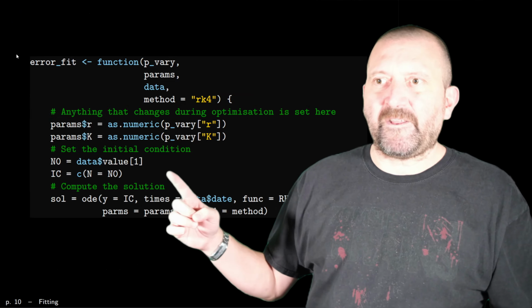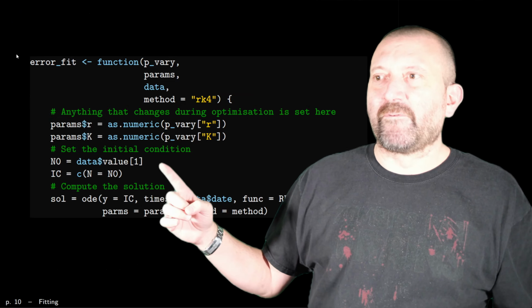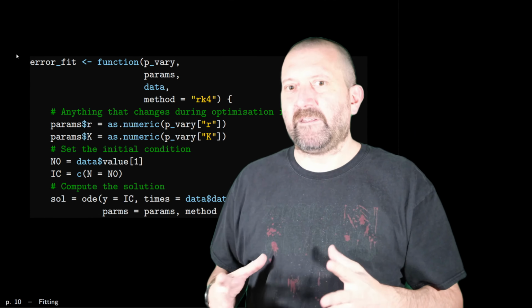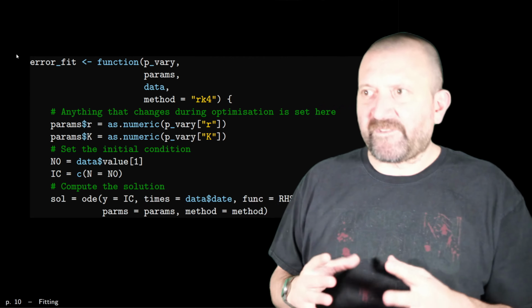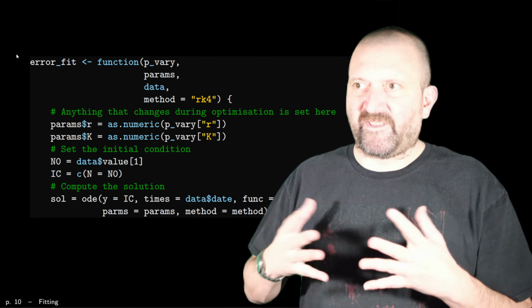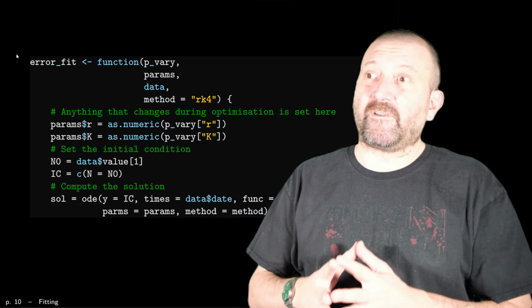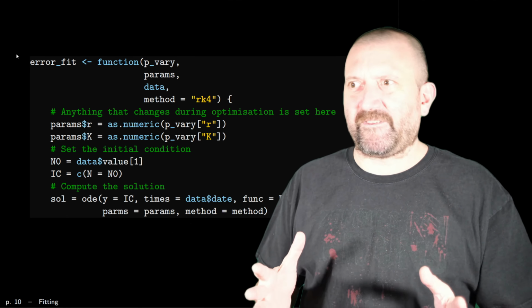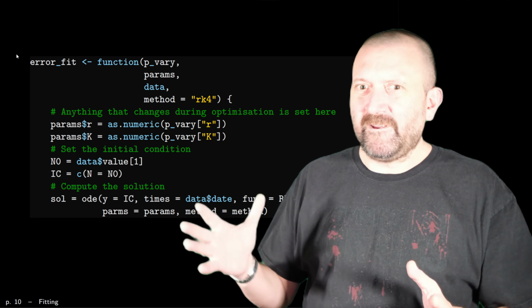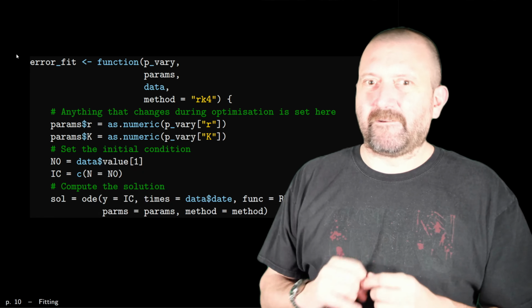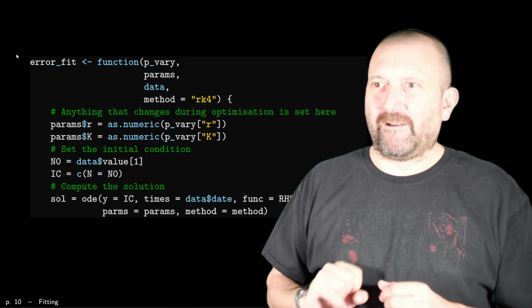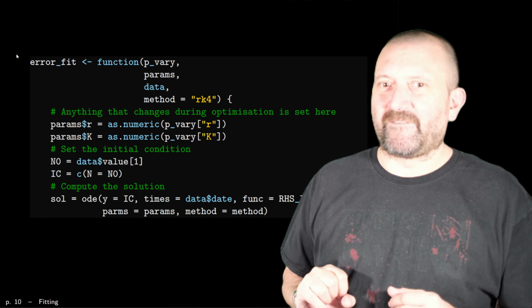Then I set my initial conditions. What I'm going to say here is that my initial number of individuals is going to be the first value in my data set. My data set is going to be the population of El Salvador. I think it's from 1960 onward. So N here, the original N, is the value of the population of El Salvador at that time.